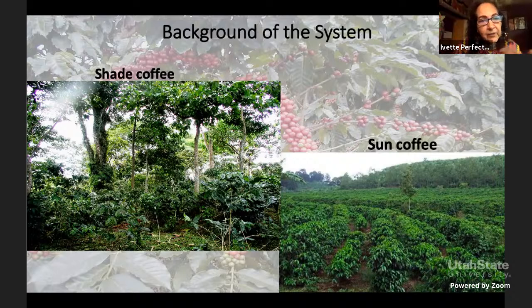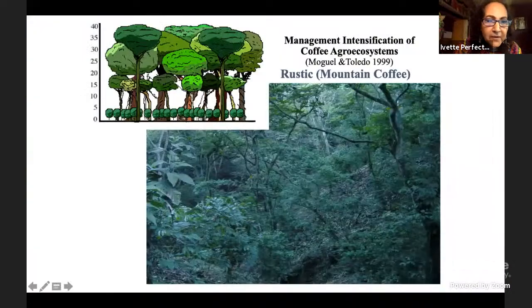Think of it along a gradient of intensification that goes from these very, very diverse systems that are in Mexico, they call them rustic systems or mountain coffee. And this is basically the original forest, but the understory has been modified and people have planted coffee in the understory.